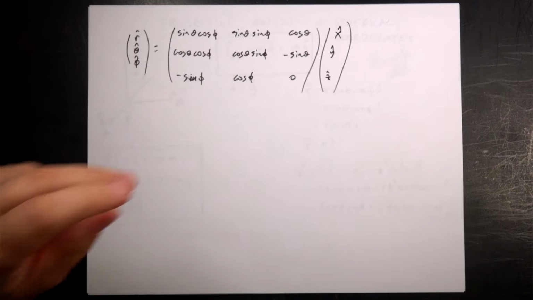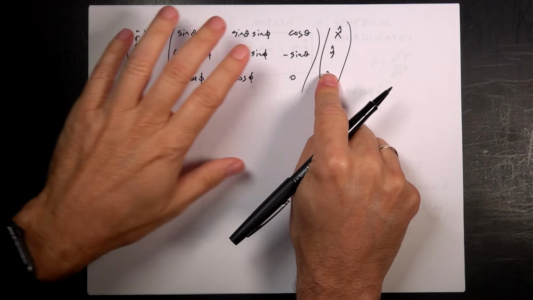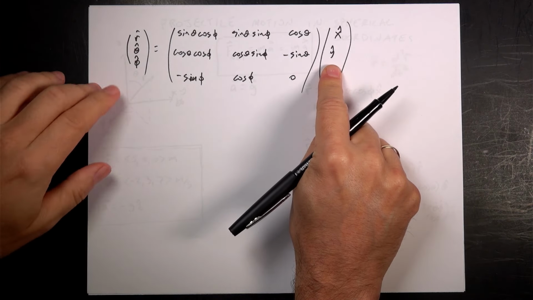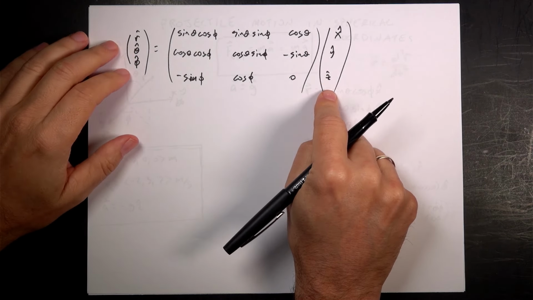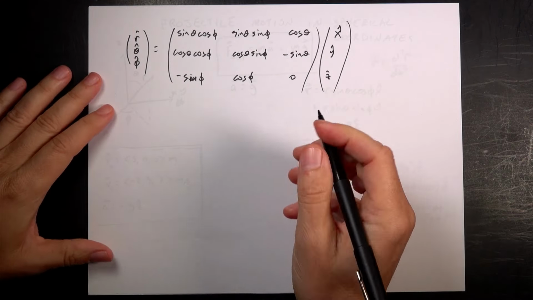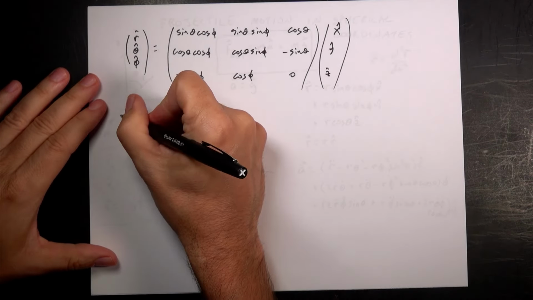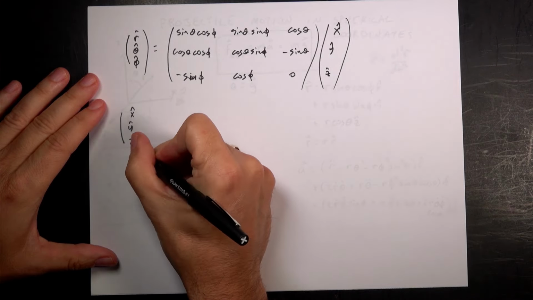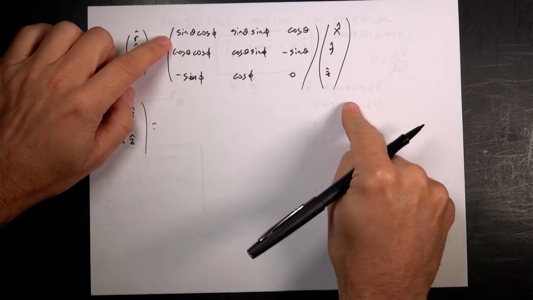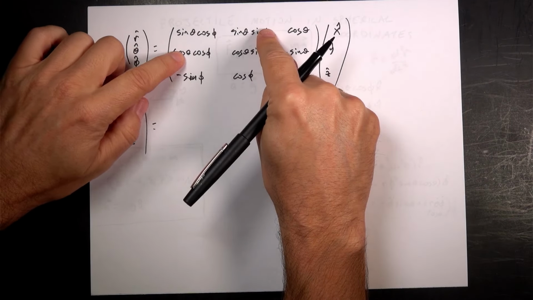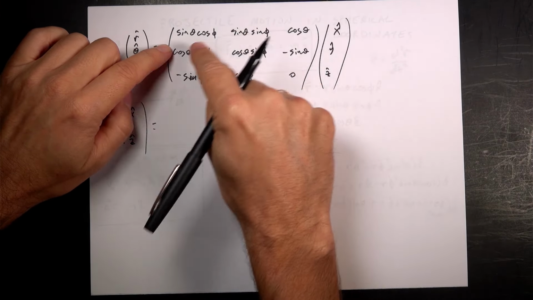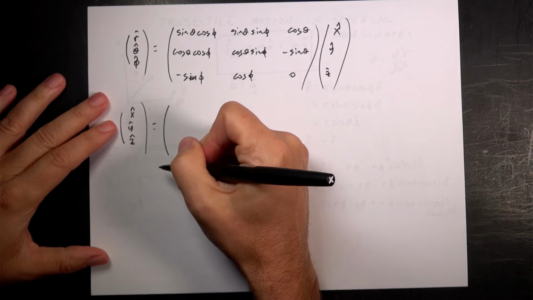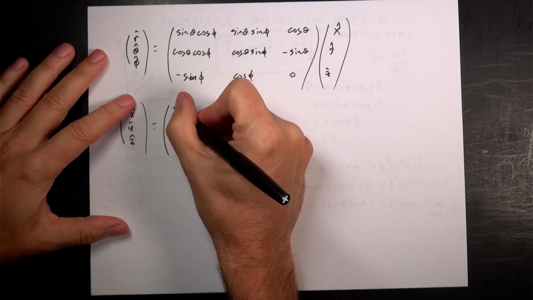I'm going to write it down because I actually did make a mistake here. If I multiply this by the inverse and this by the inverse, then I can find x hat, y hat, z hat in terms of r hat, theta hat, phi hat. So let's do that. x hat, y hat, z hat is going to be equal to the transpose of this matrix. That means the diagonal entries stay the same, and I switch this with that, that with that. So it's not too bad. But I did make a mistake here, so I'm going to write it down.